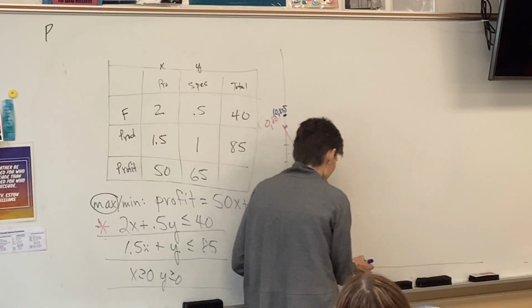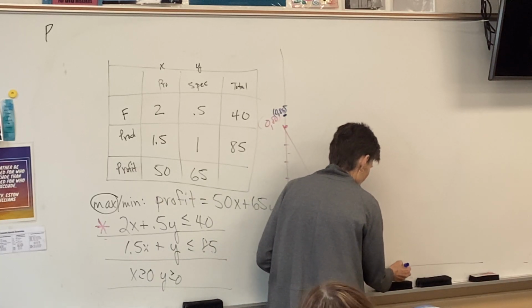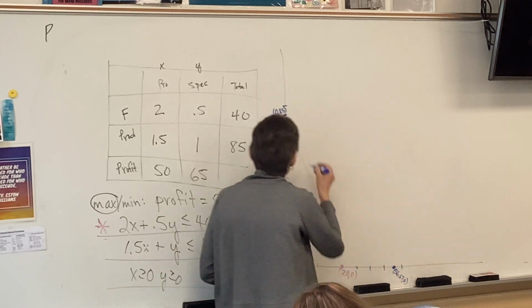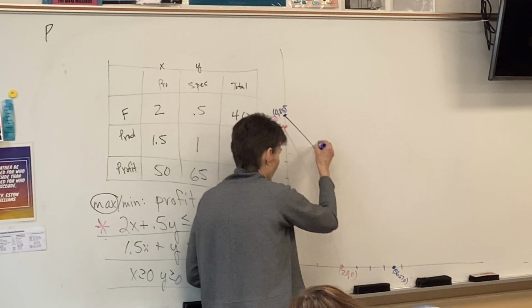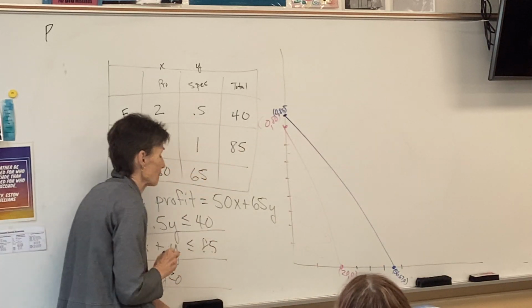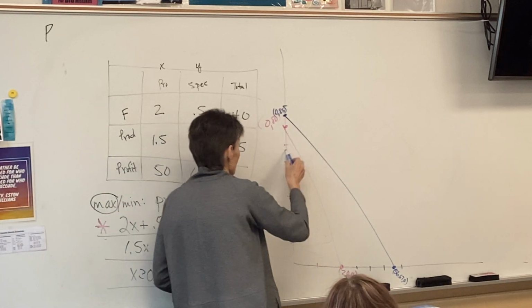So 56 point something, so it's 30, 40, 50, like 56 point something. Whoa, this is unusual. And that one is also shaded underneath.